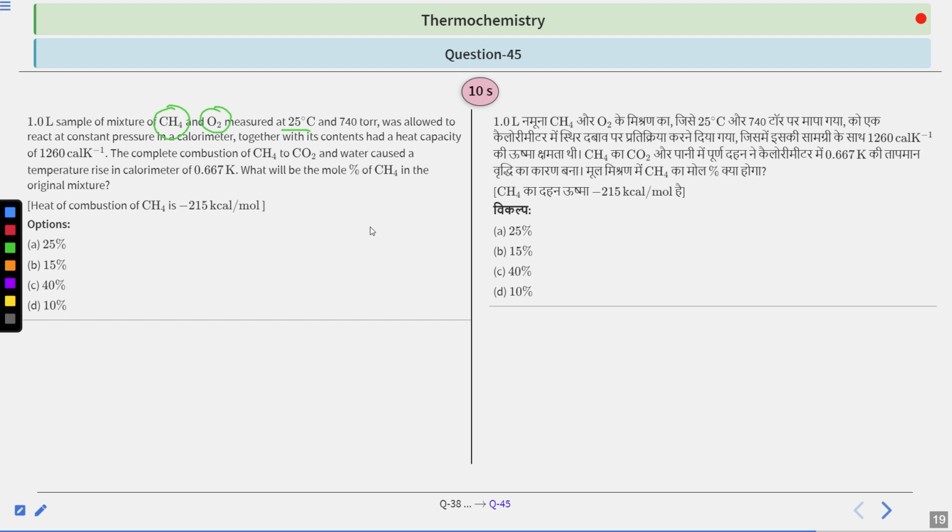What will be the mole percentage of CH4 in the original mixture? The heat of combustion is given as minus 215 kilocalorie per mole. Your options are A 25%, B 15%, C 40%, and D 10%. Your 10 seconds to solve this question starts now.